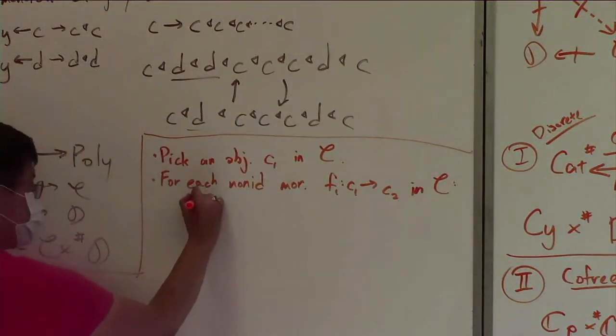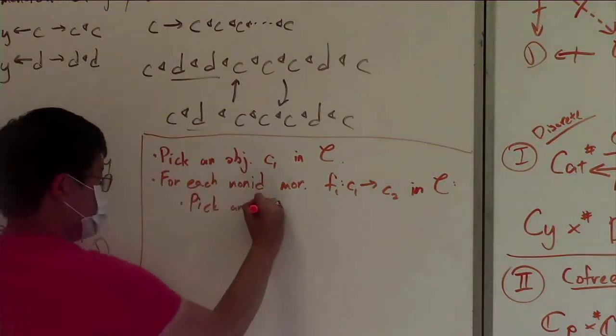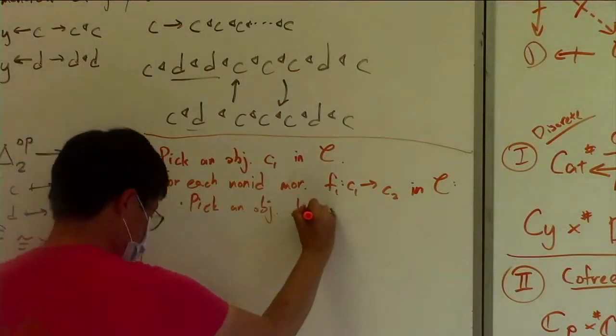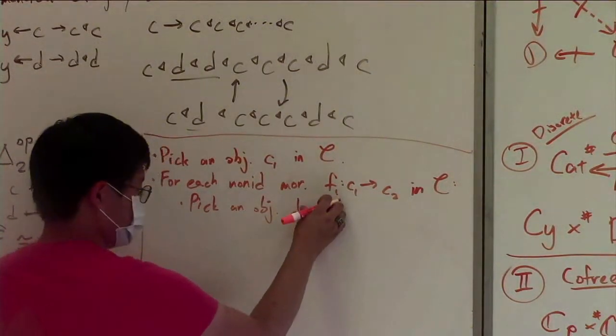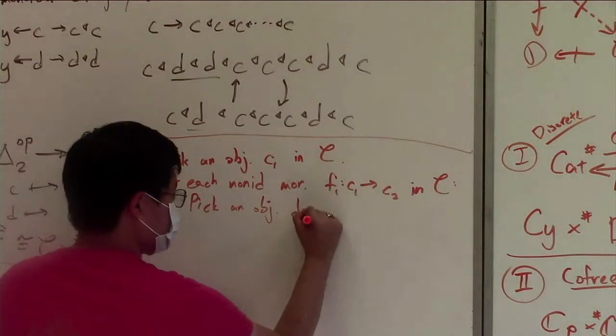We're going to pick an object D, I'm going to call this D2, in D.